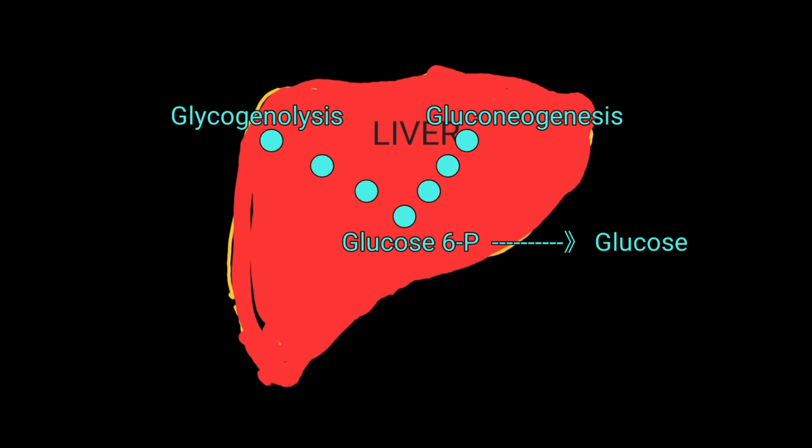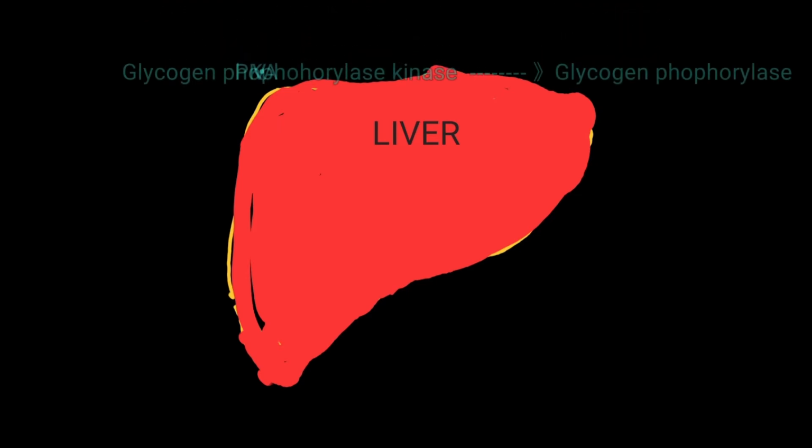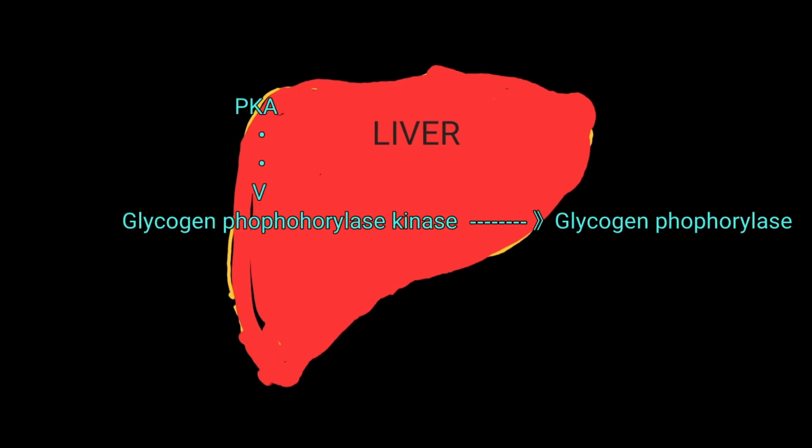This enzyme is activated by the actions of glucagon on the glucagon receptor or epinephrine on the beta adrenergic receptor, causing a rise in cyclic AMP, which in turn activates PKA. PKA can phosphorylate glycogen phosphorylase kinase, and glycogen phosphorylase kinase can then phosphorylate glycogen phosphorylase and activate that enzyme.